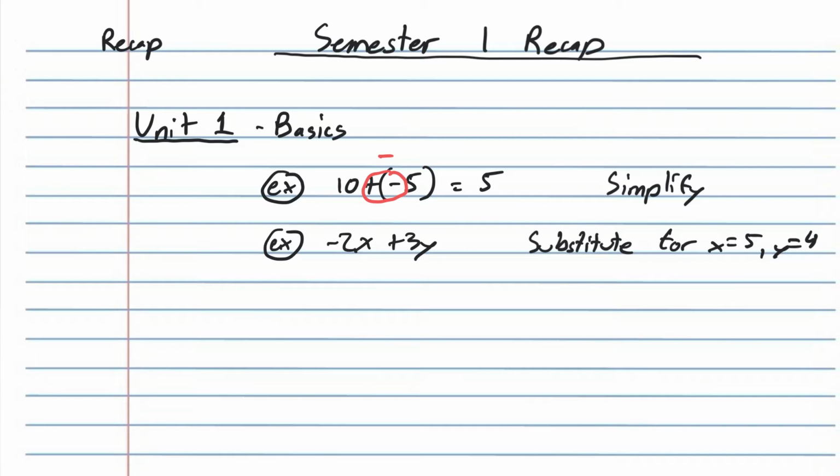Essentially all you have to do is replace the variables with parentheses, and plug in the number in the appropriate position. So x is 5, so the 5 goes there, and y is 4, so the 4 goes there. And then you just simplify that, okay?